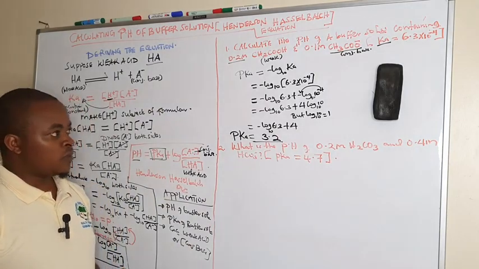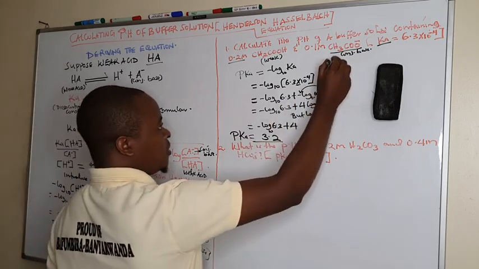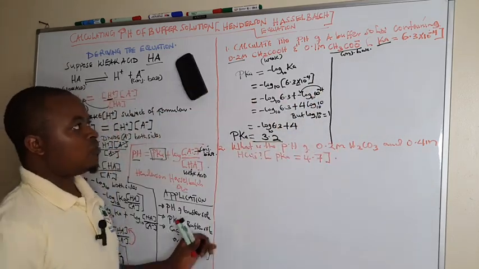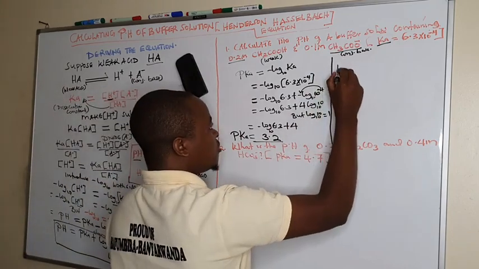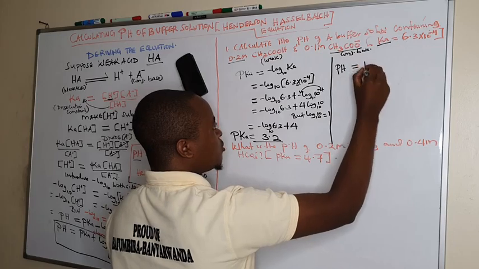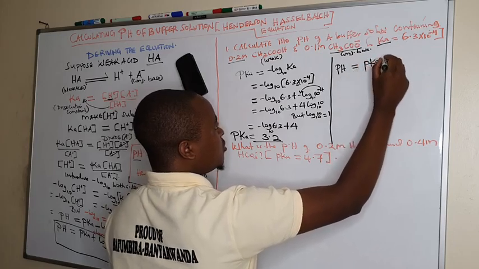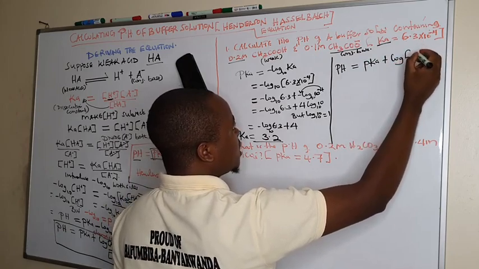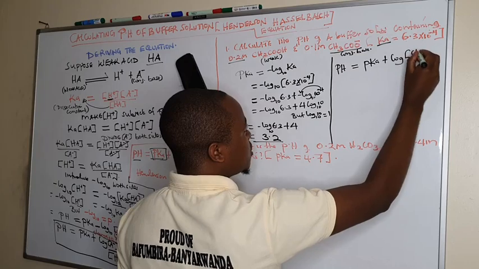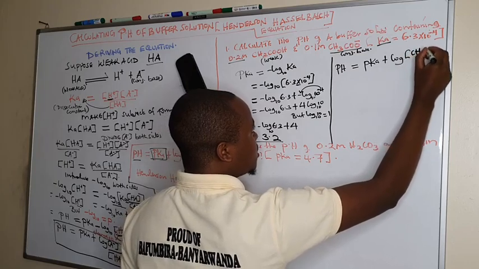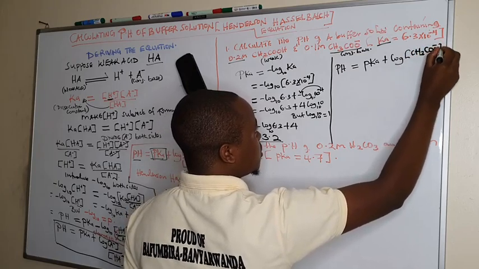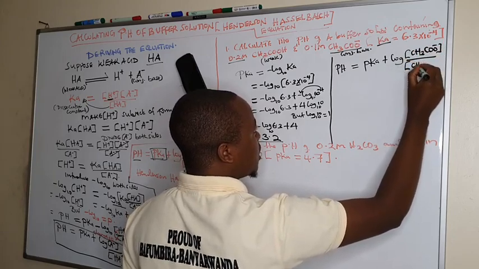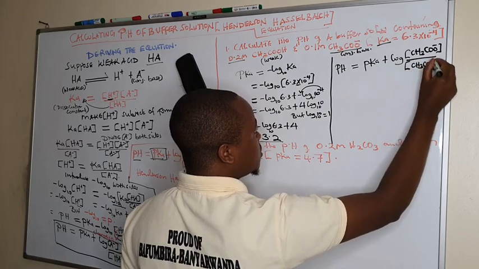After getting the pKa value, we can now bring in the Henderson Hasselbalch equation, which says that the pH of the solution is equal to the pKa, which we have got, plus log of the concentration of the conjugate base, ethanoate or acetate, over the concentration of the weak acid, acetic acid.